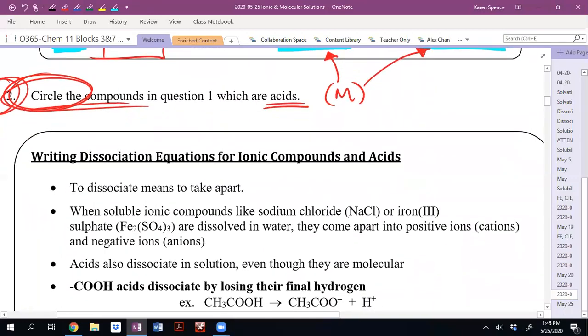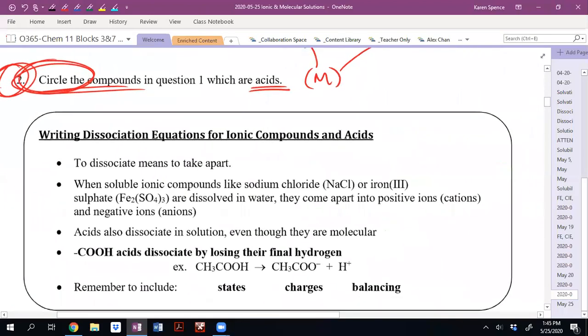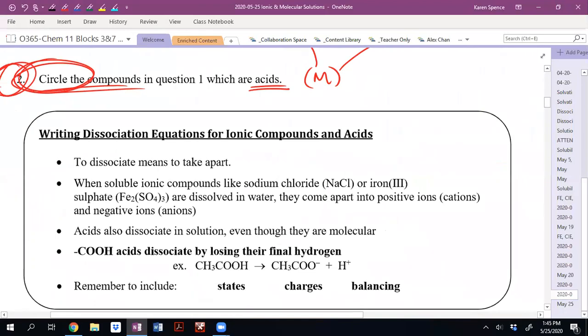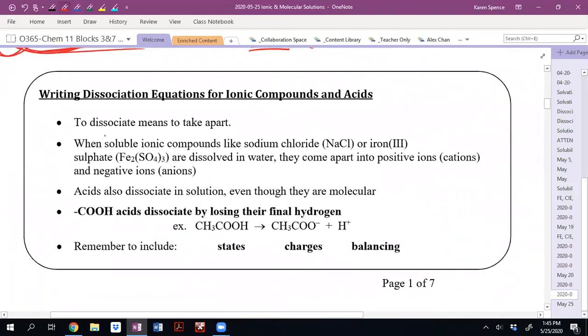Writing dissociation equations for ionic compounds and acids, you have already done this. This was done 2-3 weeks ago, okay? But it's been a while, so let's just quickly review it. It means that they come apart, okay? And so the only little tricky bit is that COOH acids dissociate in a bit of a funny way.